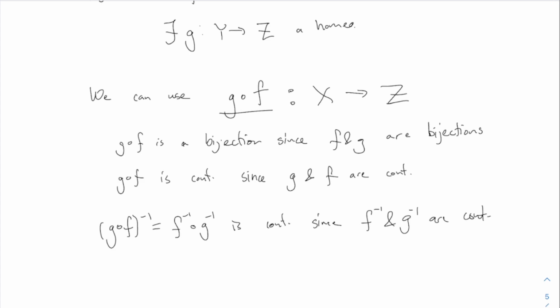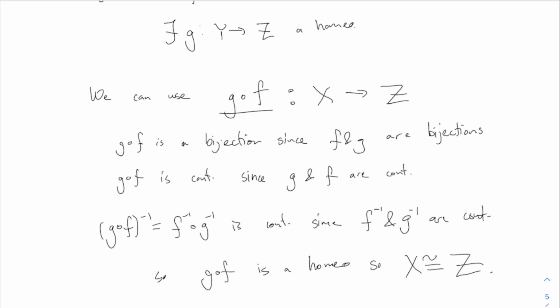All right, great. So that means G composed with F is a homeomorphism, so X is homeomorphic to Z. And now we can legitimately talk about the classes of things which are homeomorphic to one another, just like we were talking about before. This is a bit of a technicality that needs to be settled before you start talking about classes. All right.